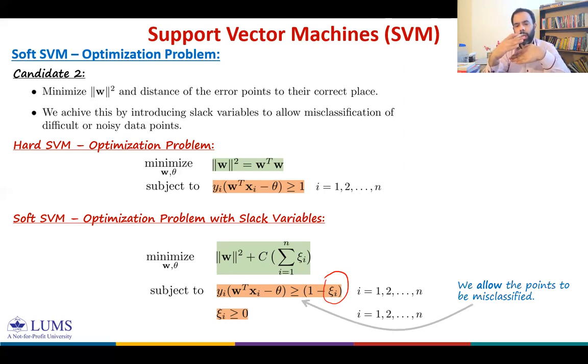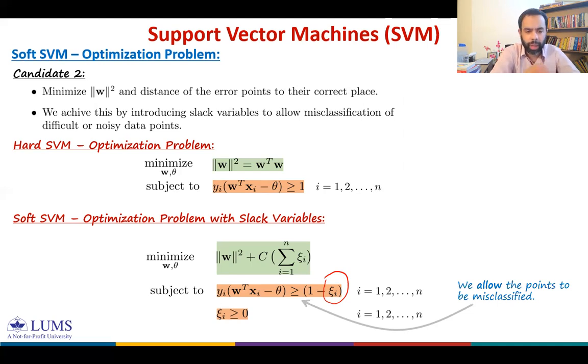We require all the points with label 1 to the right of the plus plane and all the points with label -1 to the left of the minus plane. So by introducing this psi_i, we allow points to be misclassified.